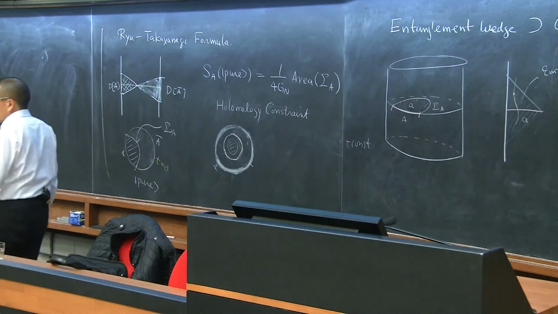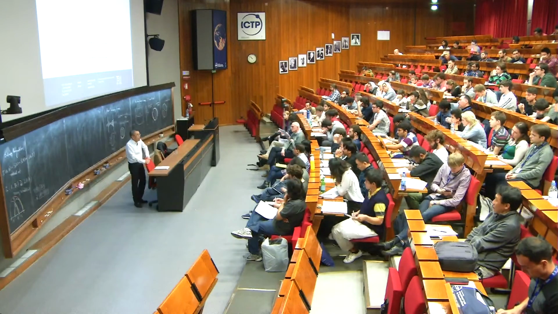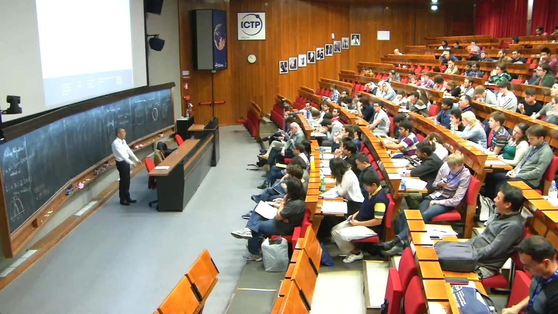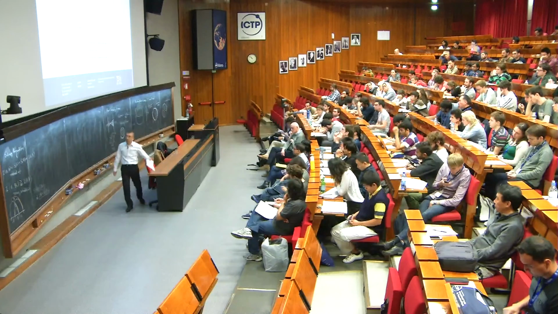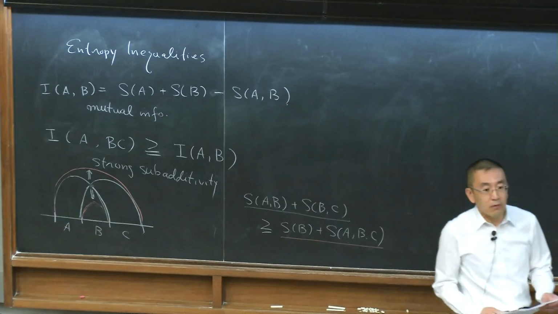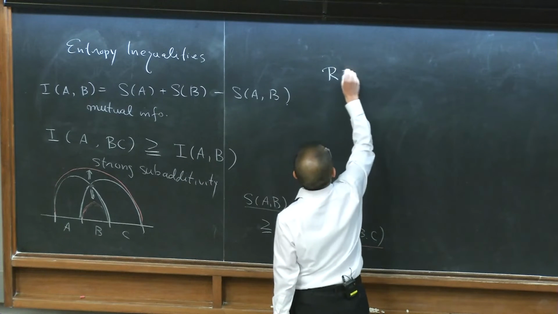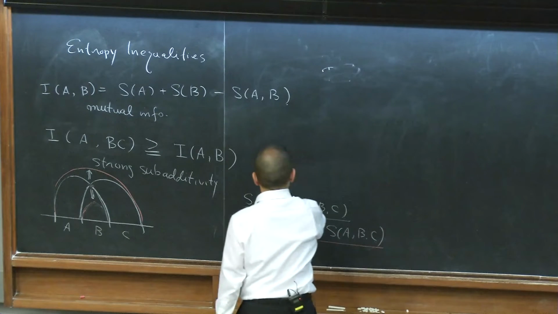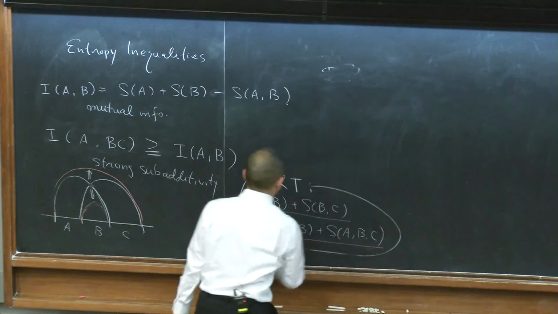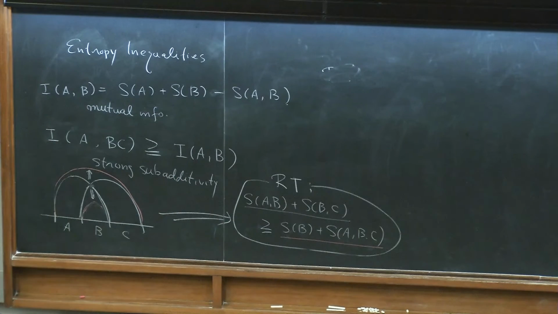And then subsequently, Hubeny, Rangamani, and Takayanagi proposed a more general formula for the time-dependent case, and those are called the HRT formula. So you can ask, well, is strong subadditivity true for the HRT formula? For the Ryu-Takayanagi formula, strong subadditivity can be proven in this way, right?